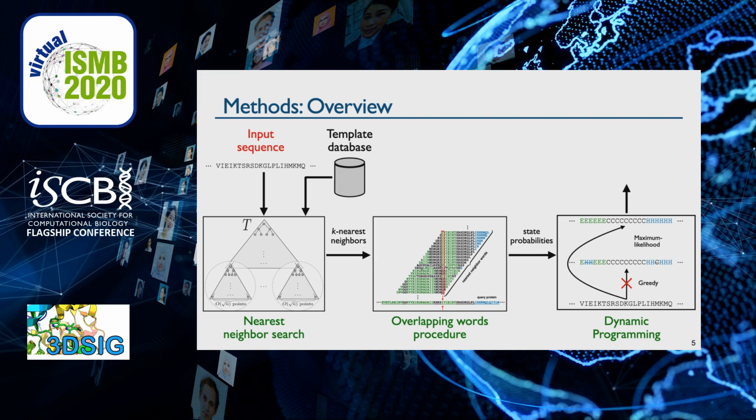These state probabilities are fed into a dynamic programming algorithm that does not output a greedy prediction, which would simply choose the state with highest probability, but instead computes a physically valid structure of maximum likelihood. This maximum likelihood prediction is then output by NESI.